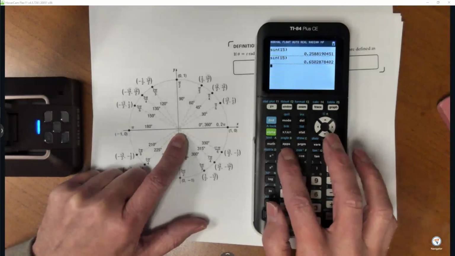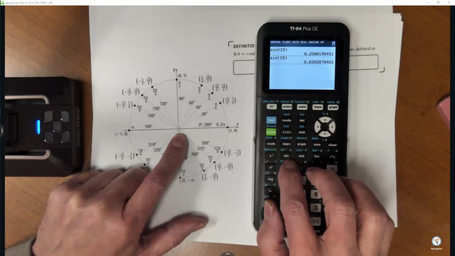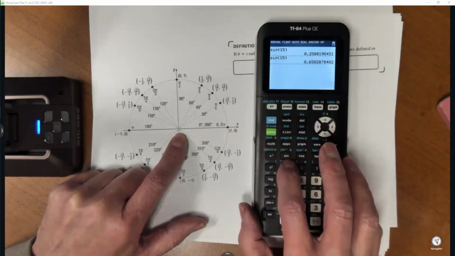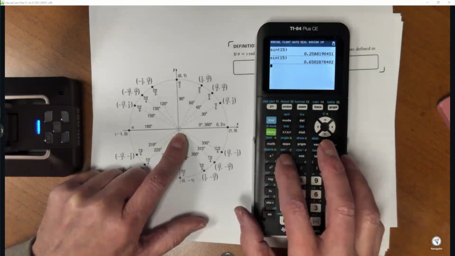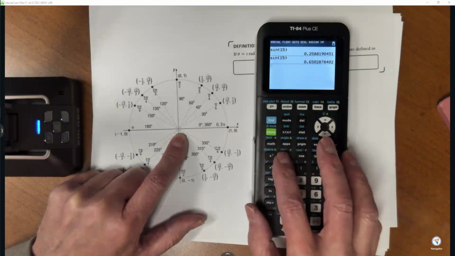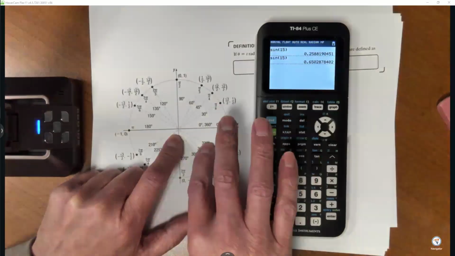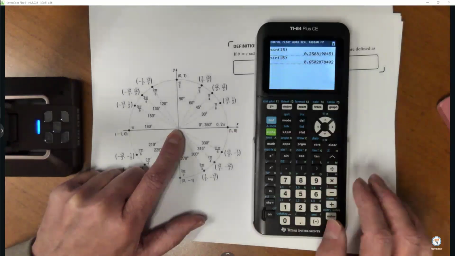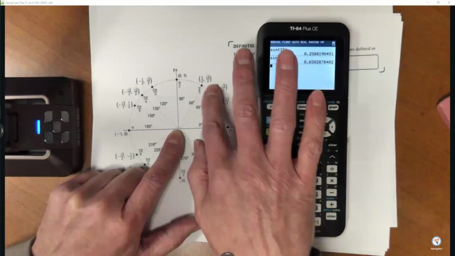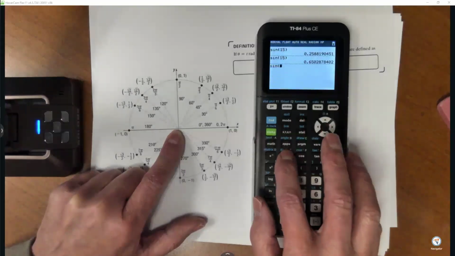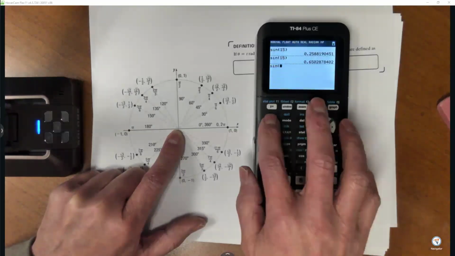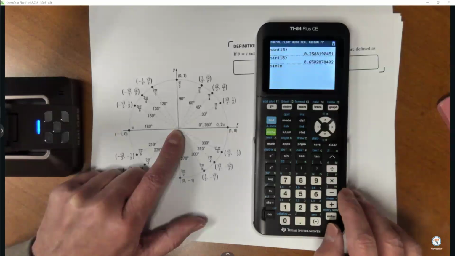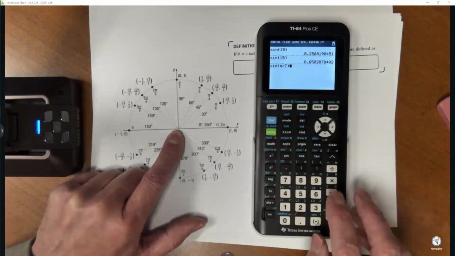Remember that the inverse function of the sine was the cosecant. So let's say I want to get the cosecant of pi over 7. It's not on here, right? So if I want to get the sine of pi over 7, I'm going to take pi and divide by 7.